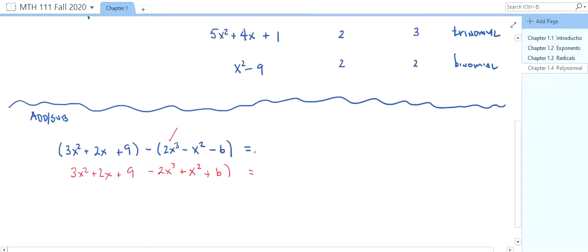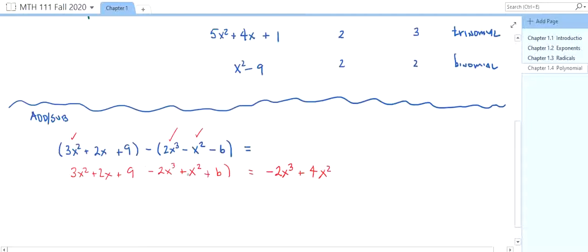Our first term is the cube term, so minus 2x cubed. There's no other cube term over here, so the cube term over here is 0. Next we have our square terms. I've got 3x squared and essentially plus x squared, so that's plus 4x squared.